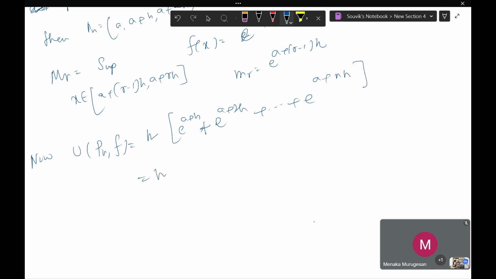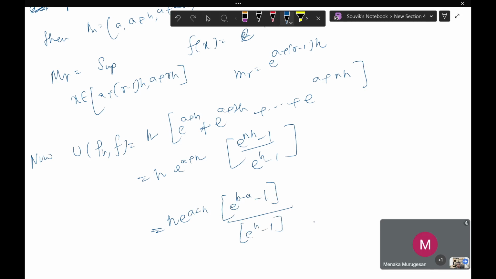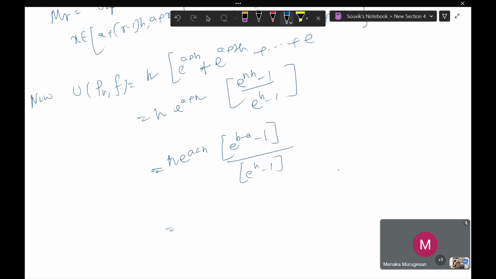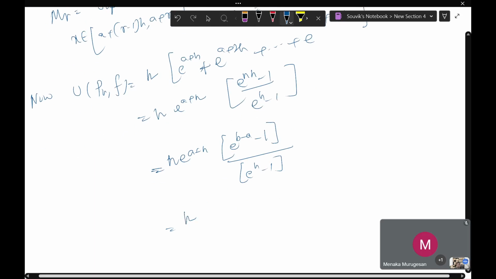This will be equal to h into e to the power a plus h into (e to the power nh minus 1) by (e to the power h minus 1), which is basically the geometric sum property. Calculating, this gives h e to the power h by (e to the power h minus 1) into e to the power b.